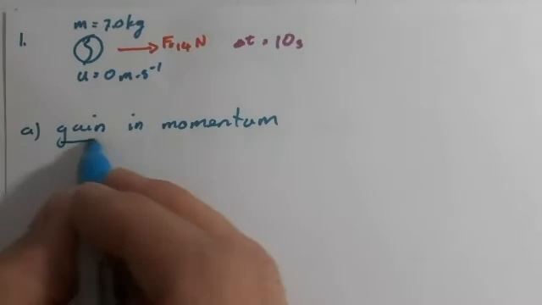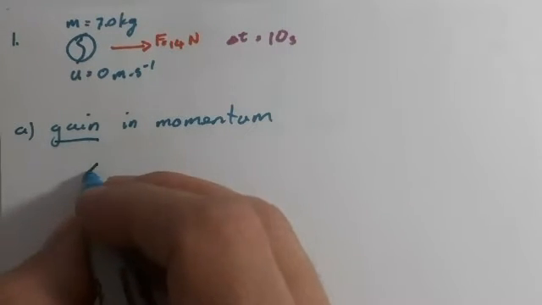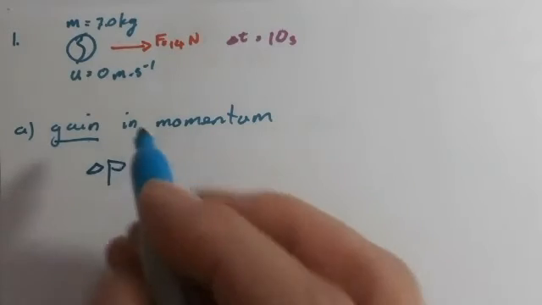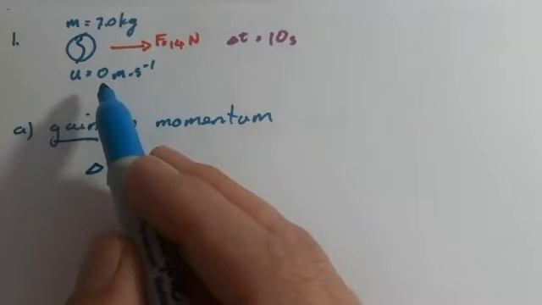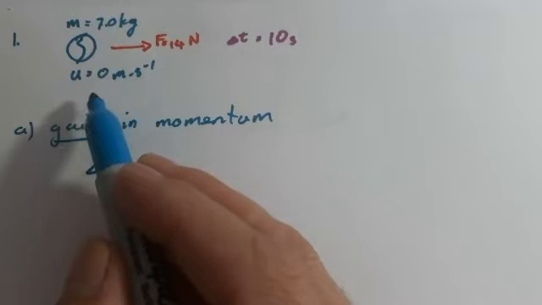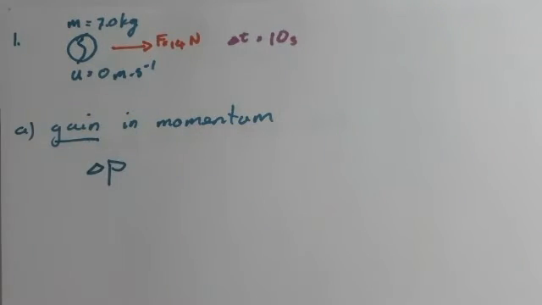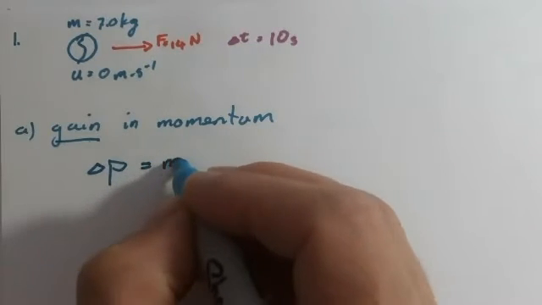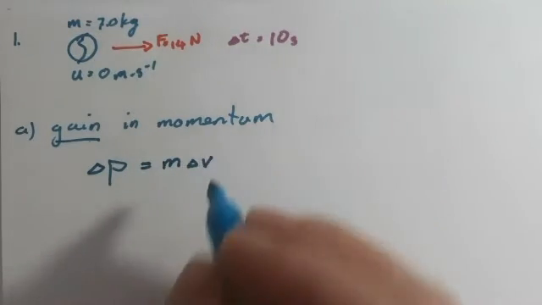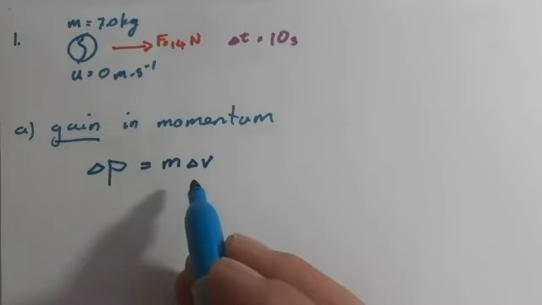So gain in momentum, we can bring back to the change in momentum. Because it has an initial velocity of 0, its initial momentum is 0. So any change in momentum is going to be a gain in momentum. Well, we know that this m delta v is the change in momentum.